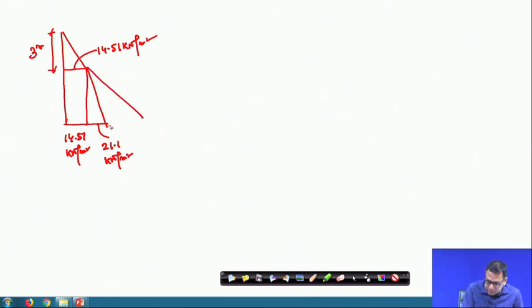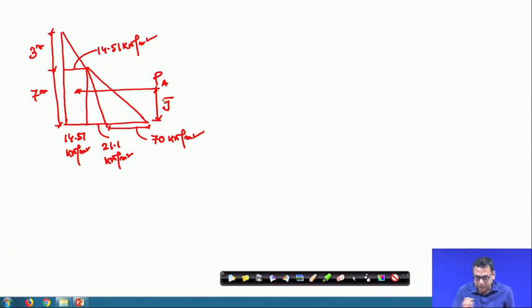Then this water part has a value of 70 kilonewton per meter square, and this height is 7 meter. I am calculating the Pa which is acting at a height of y bar from the base of the wall. So I have 4 parts: 1, 2, 3 and 4.